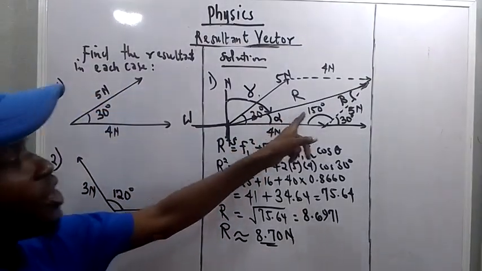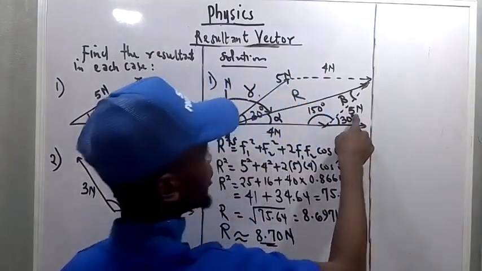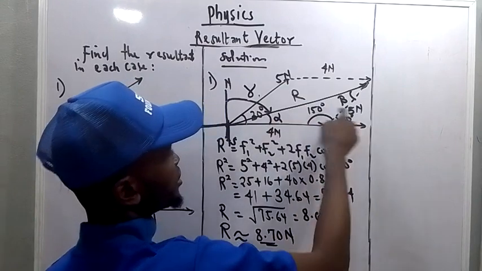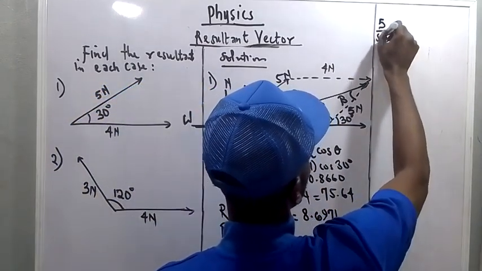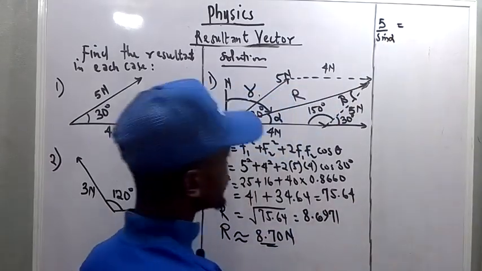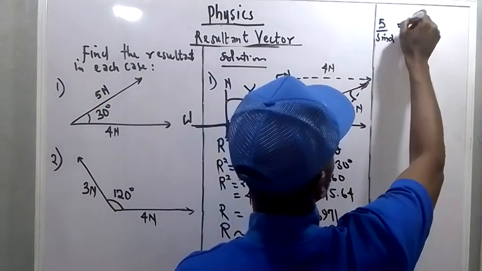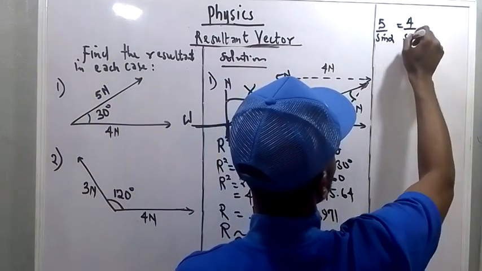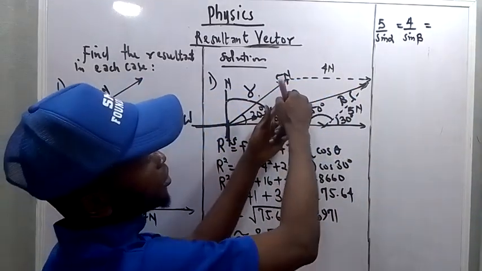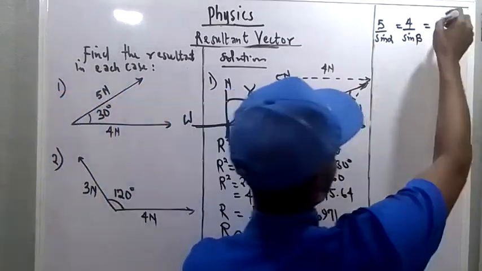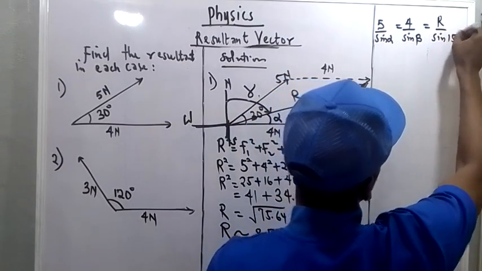How do we find alpha? Now we can use the sine rule to get our alpha. We just say 5 Newton all over the sine of the angle it is facing. That's 5 all over sine alpha equal to 4 Newton all over the sine of the angle it is facing, that's 4 Newton all over sine beta. And finally, R all over sine of the angle it is facing, R over sine 150.